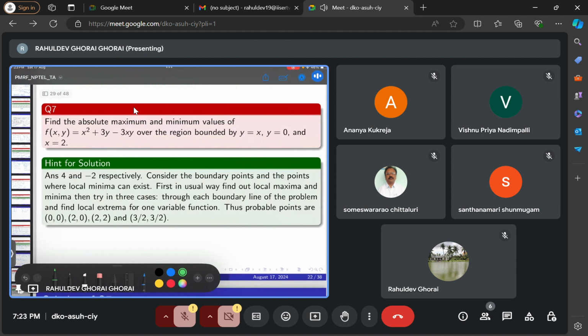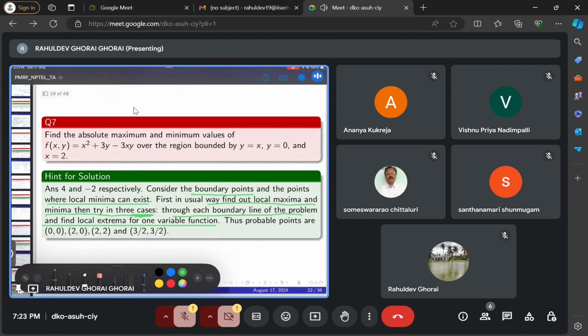See, I have written it here. First, consider the boundary points, the points where local maxima and minima exist, and then in the usual way find out the local maxima and minima. Then try in three cases, through each boundary line of the problem, and find the local maxima for the one variable function. So we'll see how it is happening.